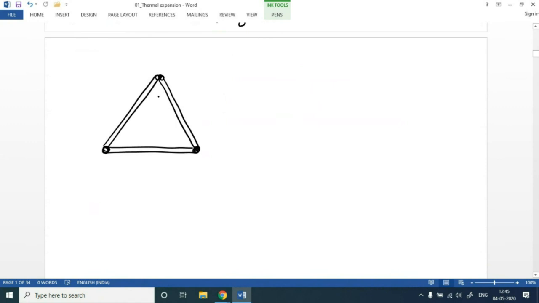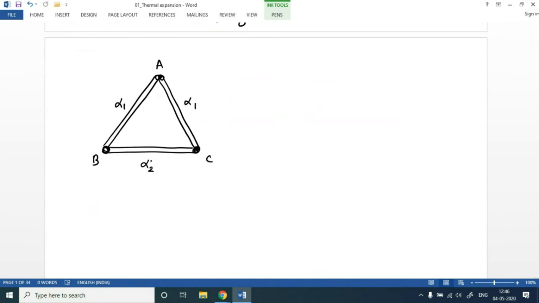Let's say this is A, B, and C, and AB and AC are made of the same material, with coefficient of linear expansion alpha 1 and alpha 1, but BC is made of some different material, say alpha 2. All the rods are identical in area of cross section and length; only their coefficients of linear expansion are different.